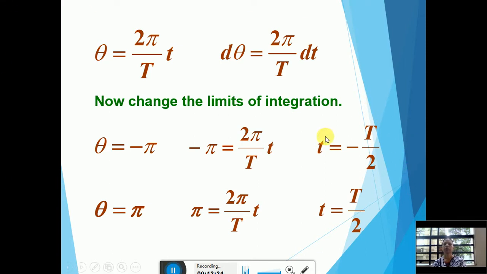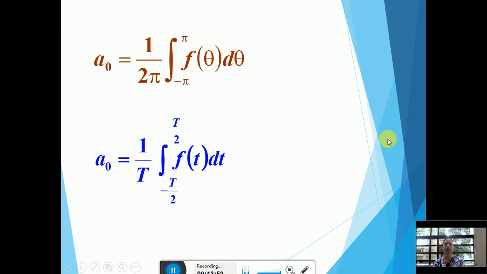So therefore, what is pi from here? Pi from here is 2 pi, so therefore t is equal to minus T by 2. Theta equal to plus pi gives t equal to T by 2. So when you are integrating between minus pi and pi, it is in effect integrating between the limits minus T by 2 and T by 2.